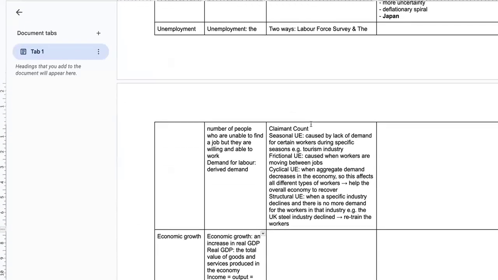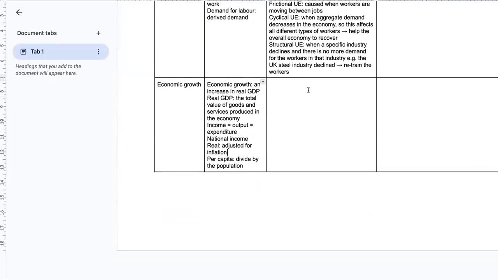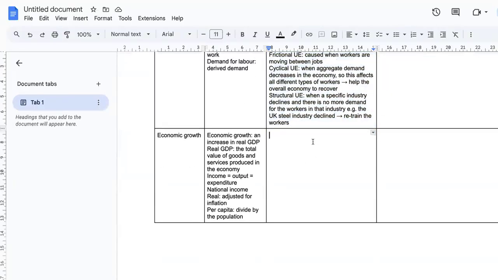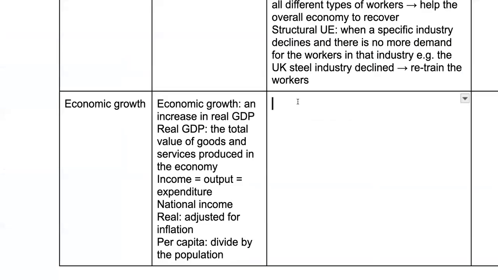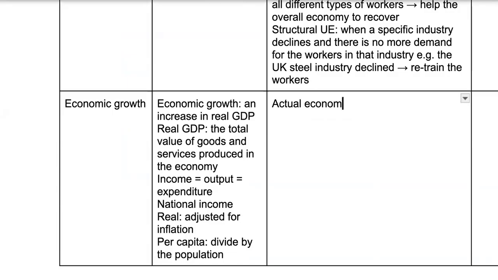Okay. Types and causes and stuff of unemployment, of economic growth. In Edexcel, you'll hear the word actual economic growth and potential economic growth.